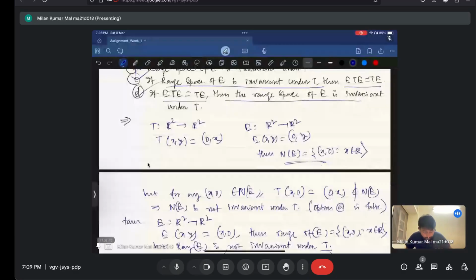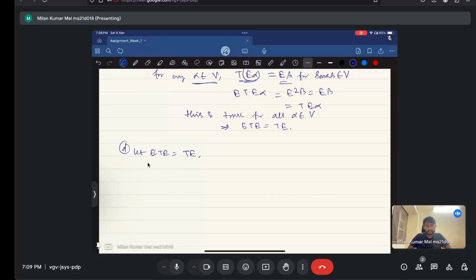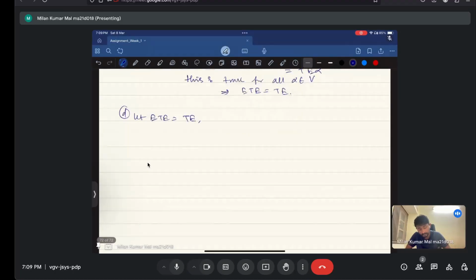So here E is the projection. If E is a projection, the range space will be invariant under T if and only if ET equals TE. We have seen that if the range space is invariant under T, then ET equals TE. Now we'll show that if ET equals TE, then the range space is invariant.